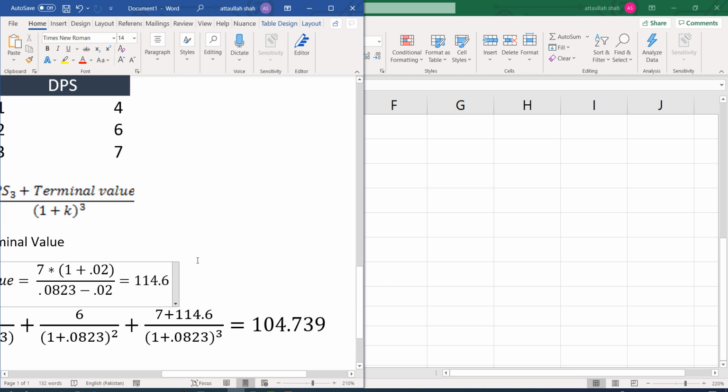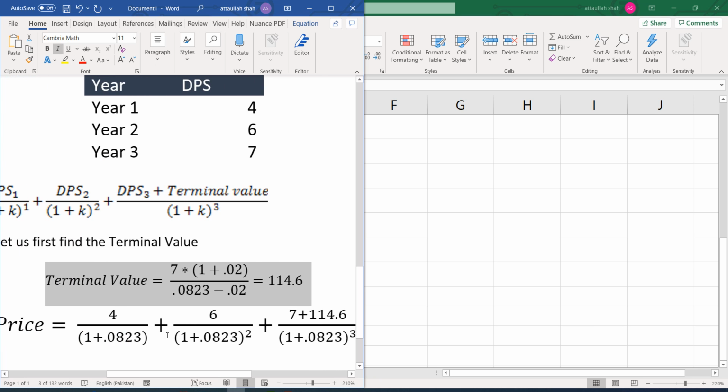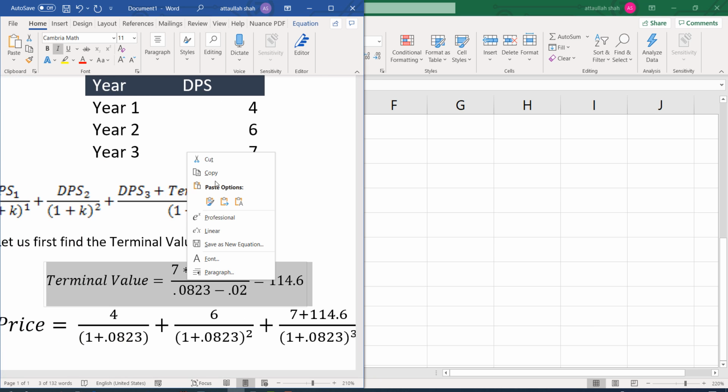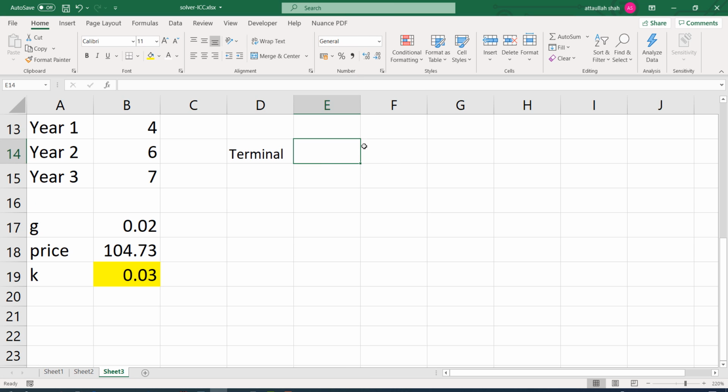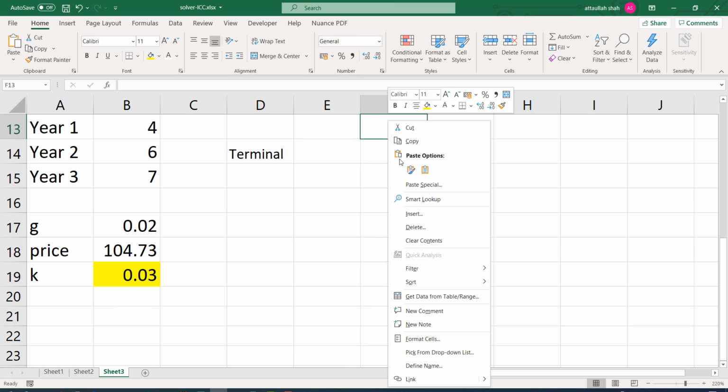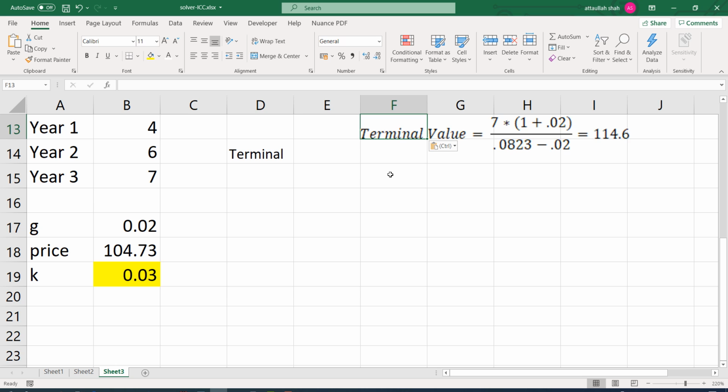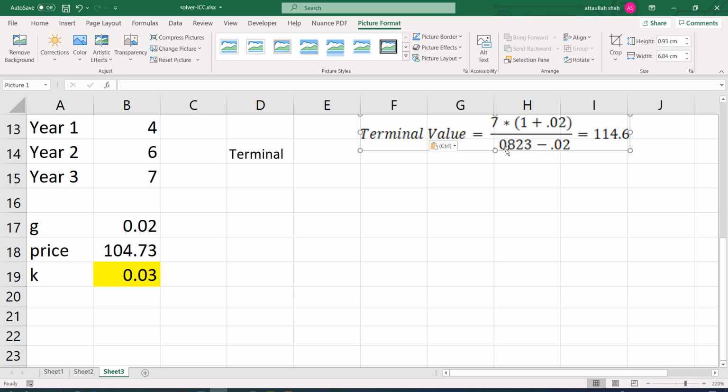Let me copy it here so that we can understand what's going on. So let's say this is our terminal value. At the moment it is 0.0823, but don't worry, assume that we don't have it.